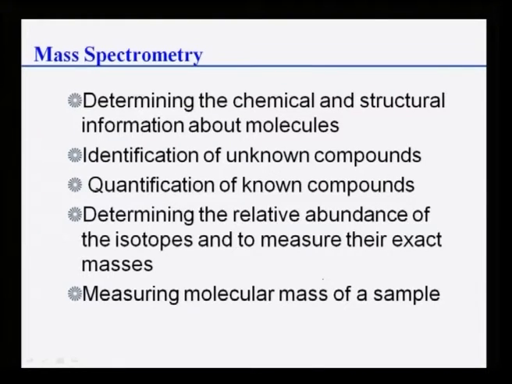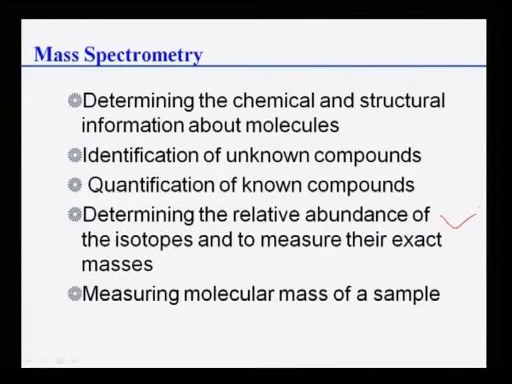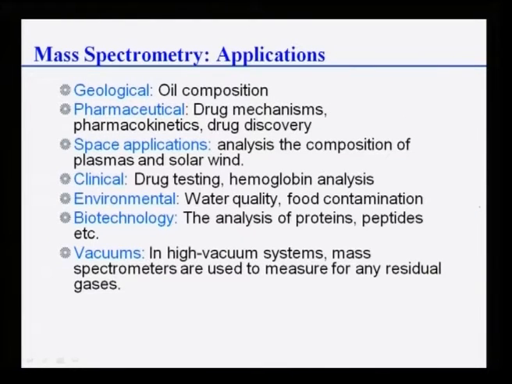We can actually determine the relative abundance of isotopes and measure the exact masses. Remember, it is possible to measure the exact mass of the isotope. Those masses you see reported in the books are basically measured using SIMS. And then it also allows us to measure the molecular mass of any sample, correct.